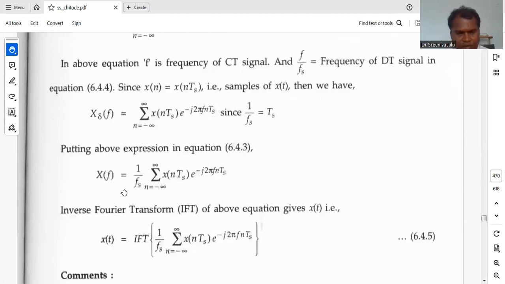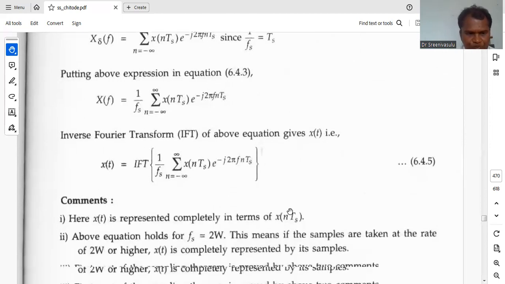Now, after getting the Fourier transform of the original signal from the sampled signal, if we apply inverse Fourier transform to this X of f, you will get our original signal x of t. So, the inverse Fourier transform of X of f is nothing but x of t. So, you can write the inverse Fourier transform of X of f is nothing but 1 by Fs summation n equal to minus infinity to plus infinity x of nTs e power minus j 2 pi f n Ts.